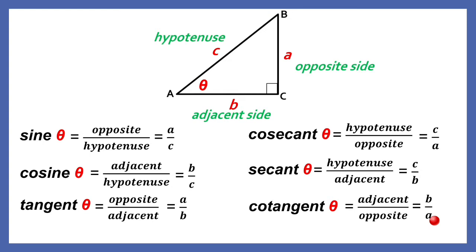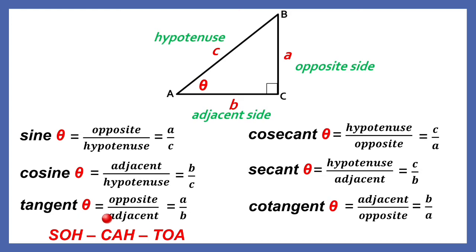Para mas madali nating matandaan, meron tayong mnemonics na ginagamit. Para sa first three functions, ang ginagamit nating mnemonics is SOHCAHTOA. Okay, isa-isahin natin. Para sa SOH, ang S stands for sine, ang O stands for opposite, ang H stands for hypotenuse. So, tatandaan, sine theta equals opposite over hypotenuse.